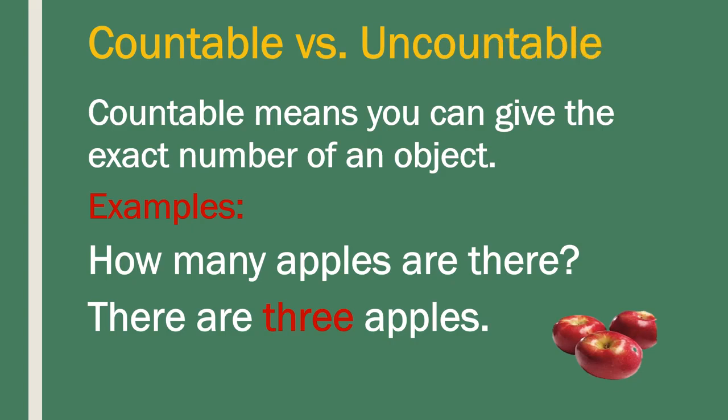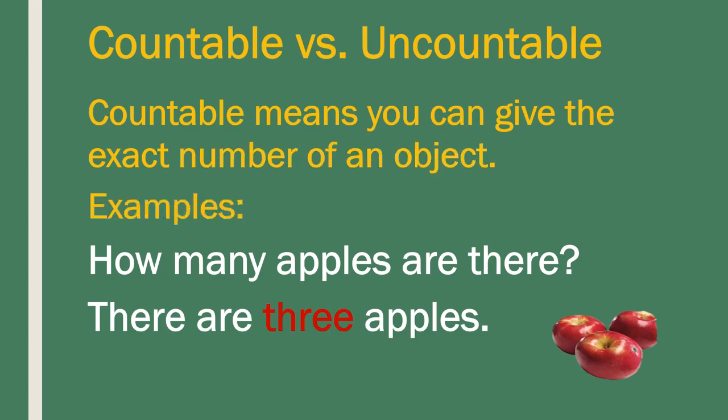Let's read this one. Countable means you can give the exact number of an object. Examples. Listen carefully. How many apples are there? So apples is an example of a countable noun, meaning you can count the apples, okay? One by one.